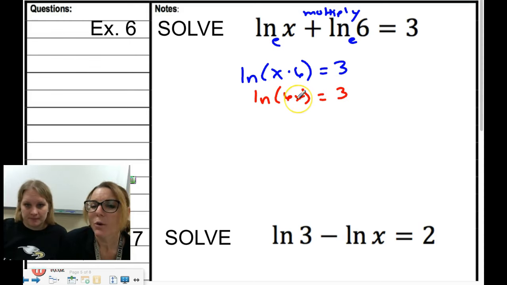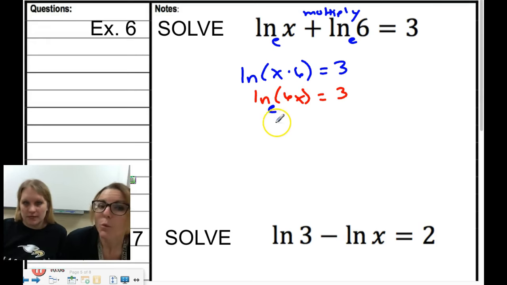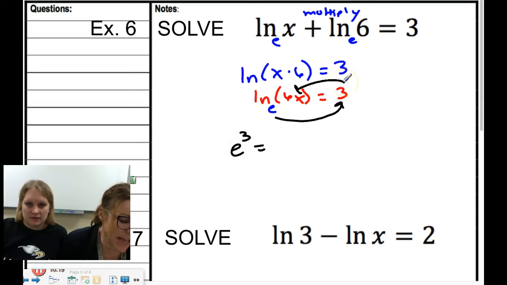Okay. And now, guess what? You have a natural log equation. We have to change it to exponential. So we can loop it. So e to the third equals 6x.